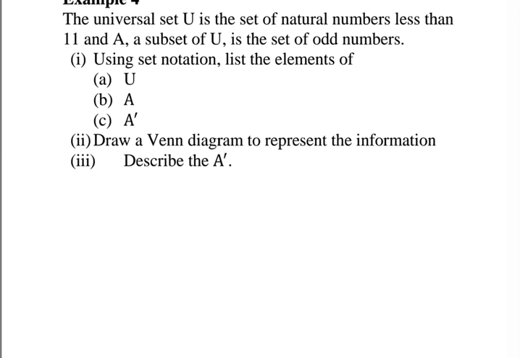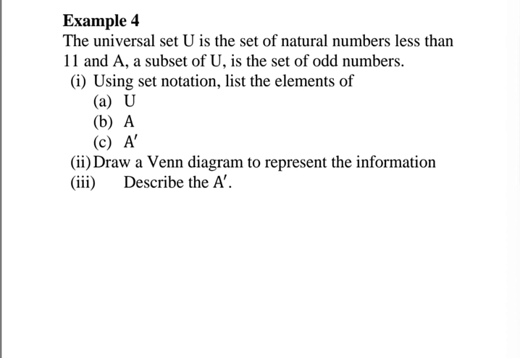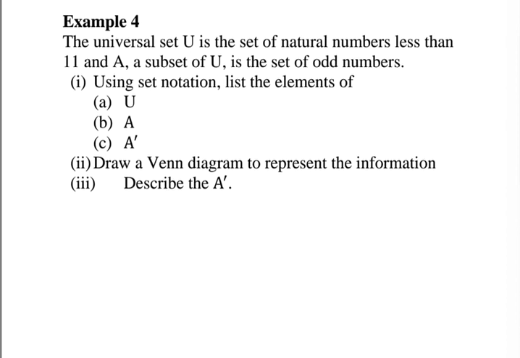All right, let's have a look at example 4. The universal set U is the set of natural numbers. So let's start out by listing the elements of U. Or maybe we should read the question first.